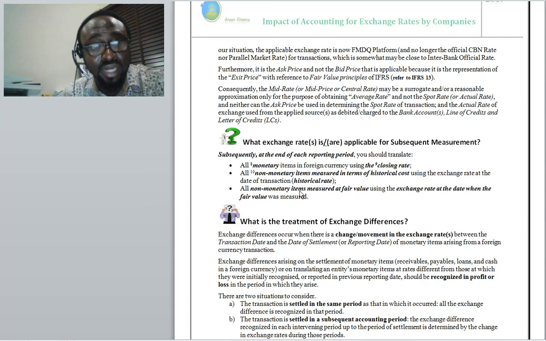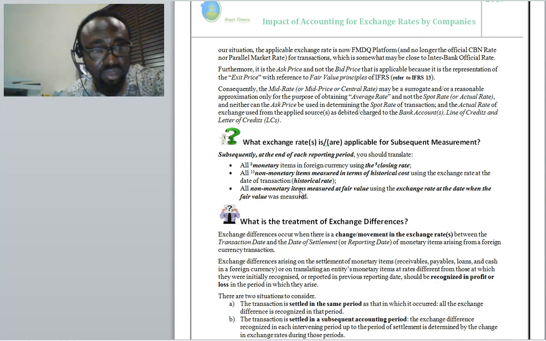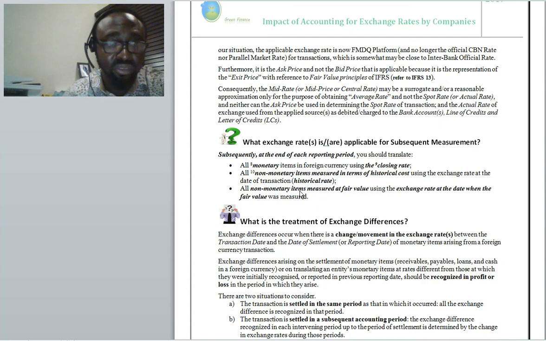But those that are carried at historical cost will not be remeasured, as those balances need to be carried or translated at their historical rates. All of this is to allow the entity reflect the economic substance of all of its foreign transactions at every point in time, and especially as of the reporting date.